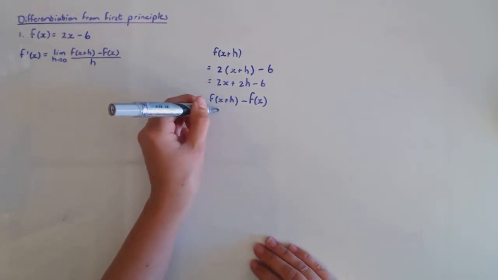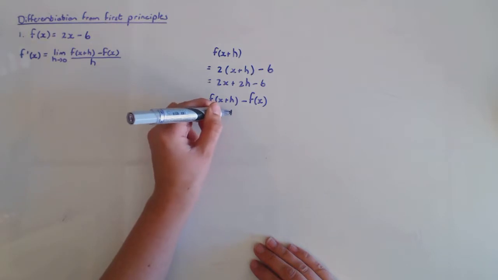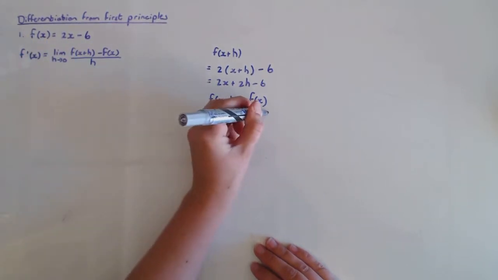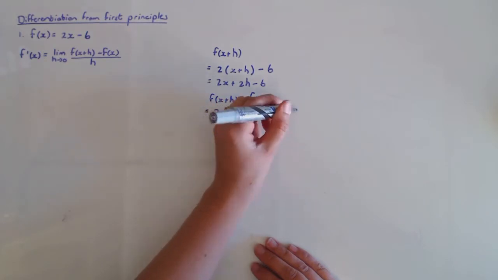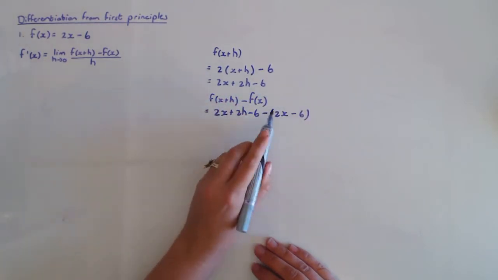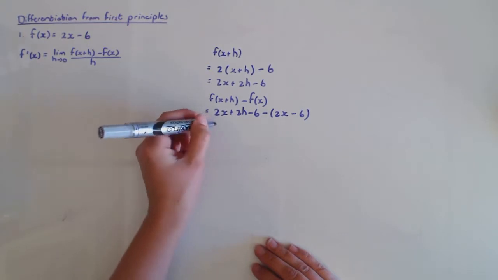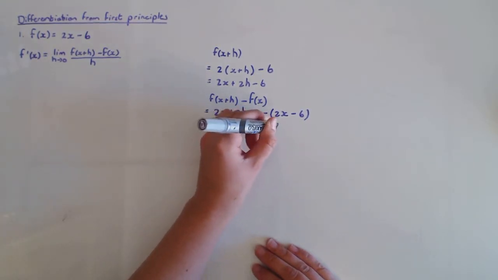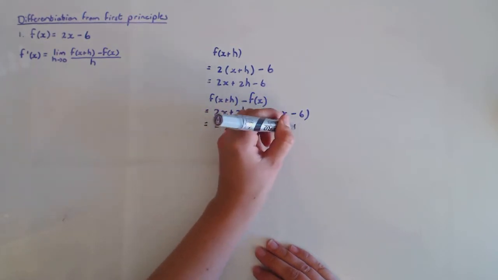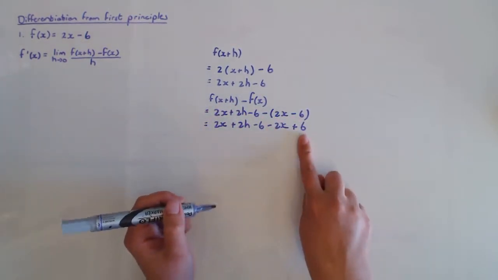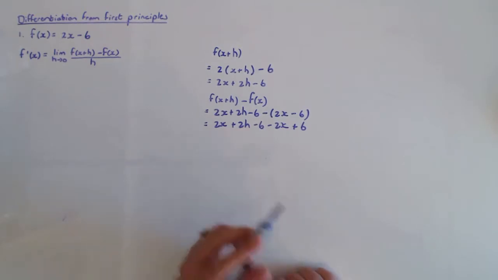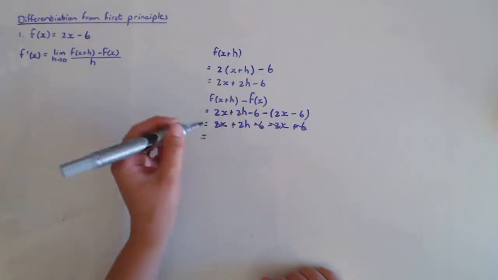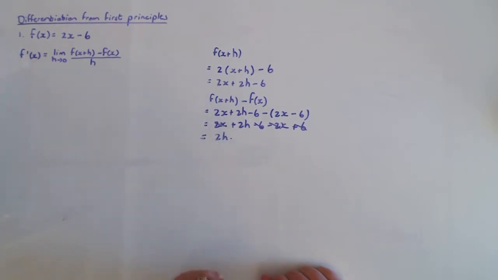So f(x plus h) I worked out already is 2x plus 2h minus 6, and f(x) is 2x minus 6. And when you subtract the whole function, please just put it in brackets so that you don't create a problem with your signs, because that should actually be a plus 6 because it multiplies in. Right, and then 2x minus 2x is 0, minus 6 plus 6 is 0, and this is simply just 2h.